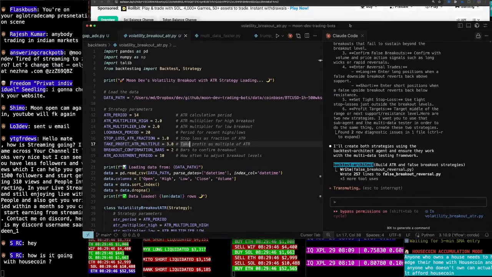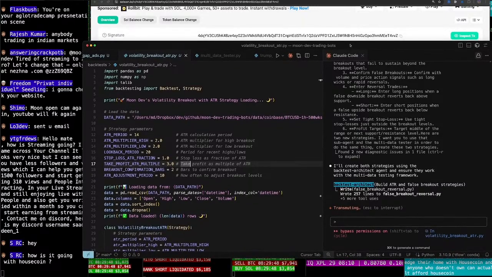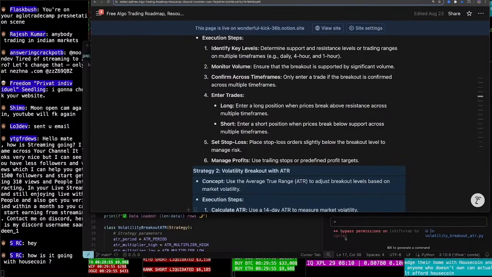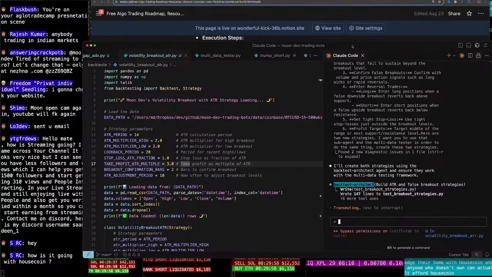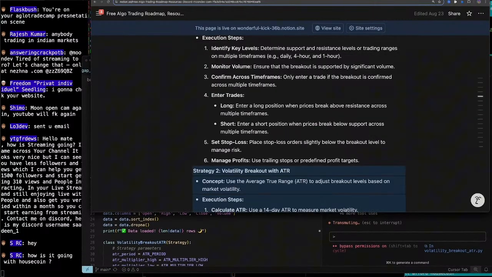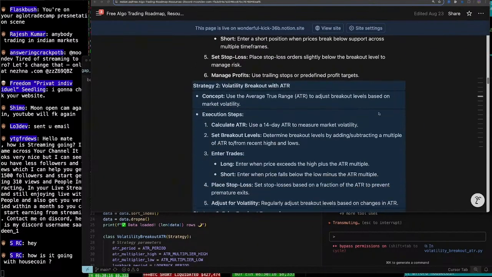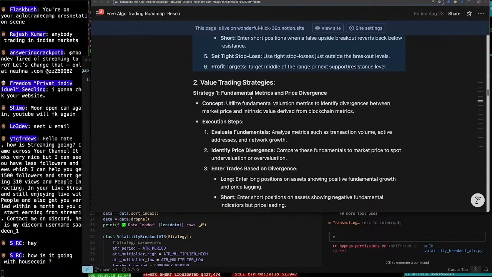I want to look at some more ideas because essentially I want to just keep testing new ideas here today. And I will use my agents to help me out with that. Value trading strategies.